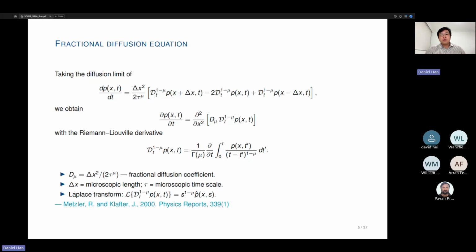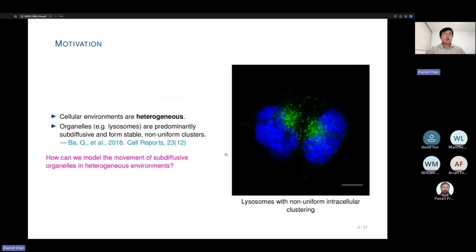Now what we're going to do is ask, okay, what happens if my environment becomes heterogeneous? I know that in real life, my fractional diffusion doesn't occur in empty space where everything is homogenized. There are environments where things are more sticky than others.